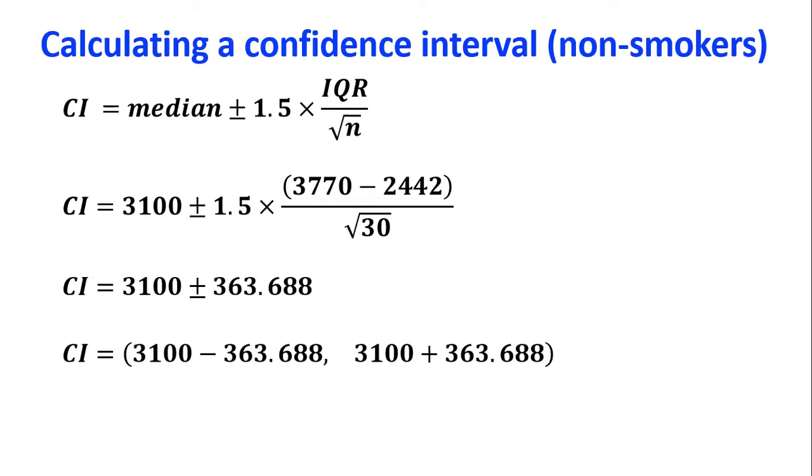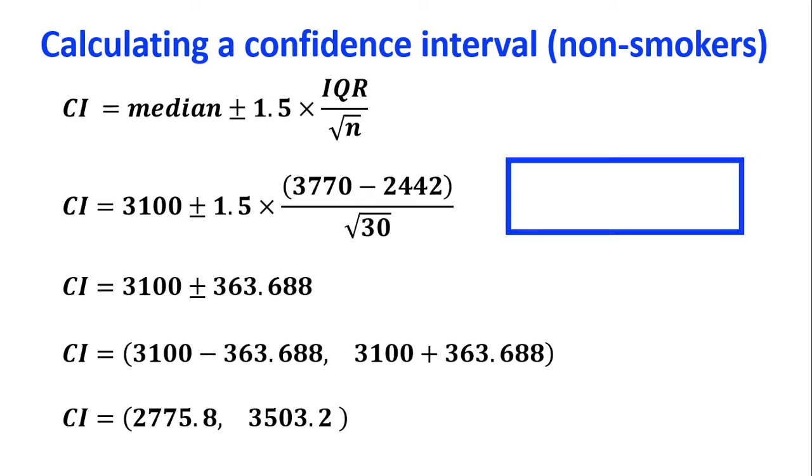But now we're at the end, we need to split them out into those two calculations so we can get two endpoints. So we take our median minus that and median plus that, and that gives us two numbers there. 2,775.8 grams and 3,503.2 grams.